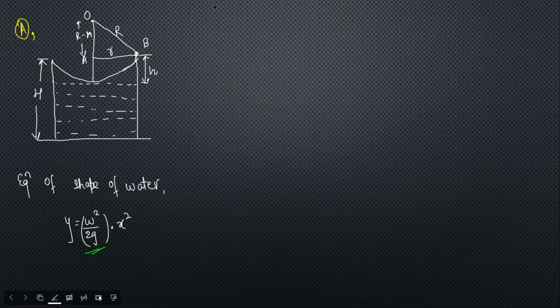Now you see, we know for apparent depth, we have the formula: n2 by v minus n1 by u is equal to (n2 minus n1) by R. So I'm going to use it and substitute the values directly over here.